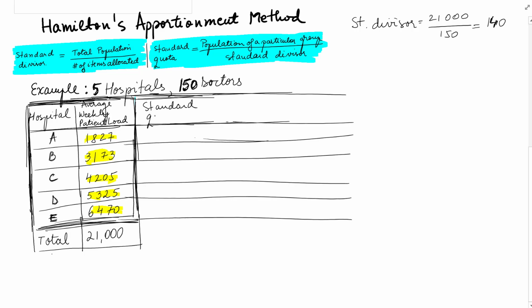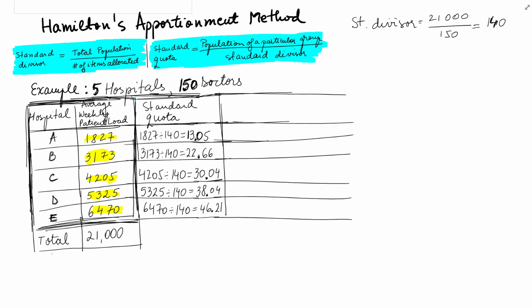So let's calculate the standard quota for each of these hospitals. So the way we calculate the standard quota, we do 1,827 divided by the standard divisor. So 1,827 divided by 140, and we get 13.05.